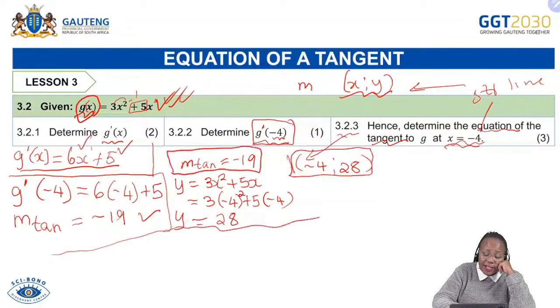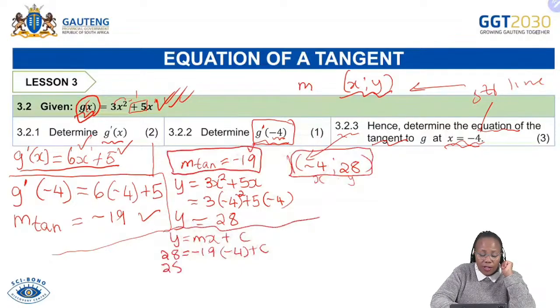Let's say the first learner now decided to use y is equal to mx plus c. The learner will substitute this as x and y. Then y will be 28, and the gradient is minus 19, and the x will be minus 4, and then plus c. That means we are looking for the value of c now. This will be 28 into minus 19 times minus 4, which is 76, plus c.